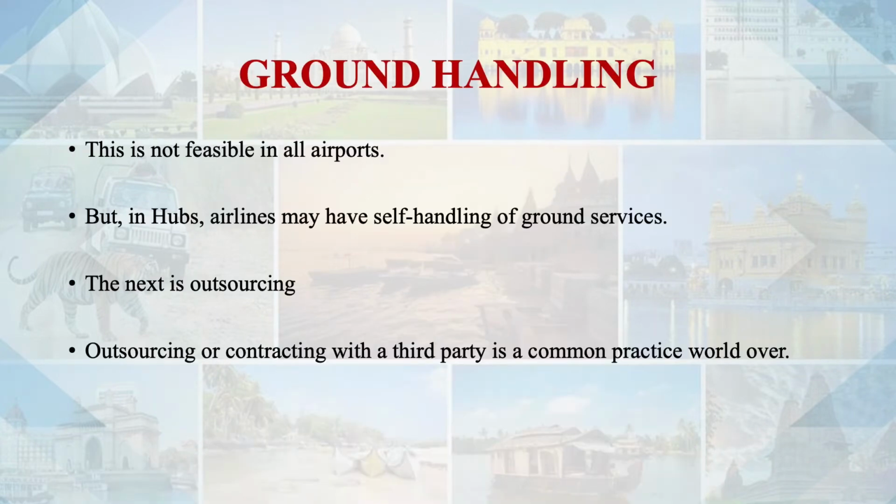The first one is self-handling, the second one is outsourcing. Outsourcing is a kind of contracting. They contract a third party for undertaking all these ground handling activities. Outsourcing or contracting with a third party is a very common practice nowadays because by this, airlines can save certain money. They need to make an agreement with somebody, but they don't have to employ anyone for this.